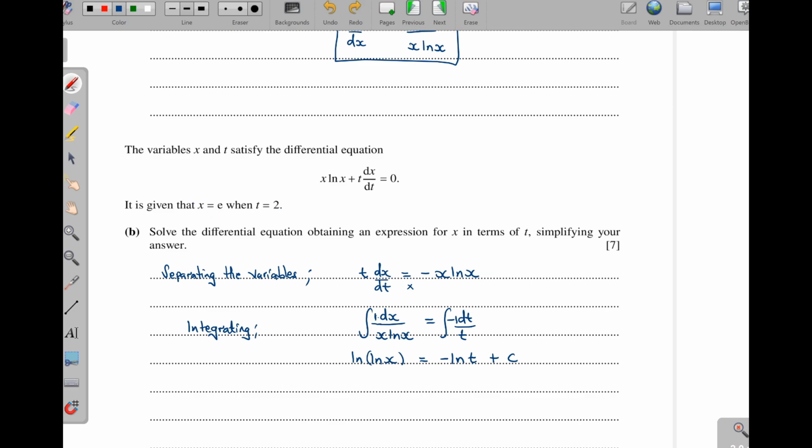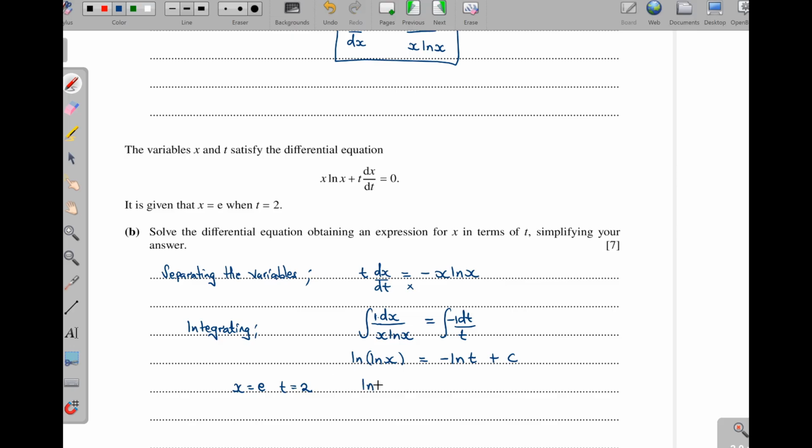We have x, which is equal to e, and then t is equal to 2. So what we have gotten here is what we call the general solution of the differential equation. Now, using these conditions here, we can find the value of c, and after finding the value of c, we get what we call the particular solution.